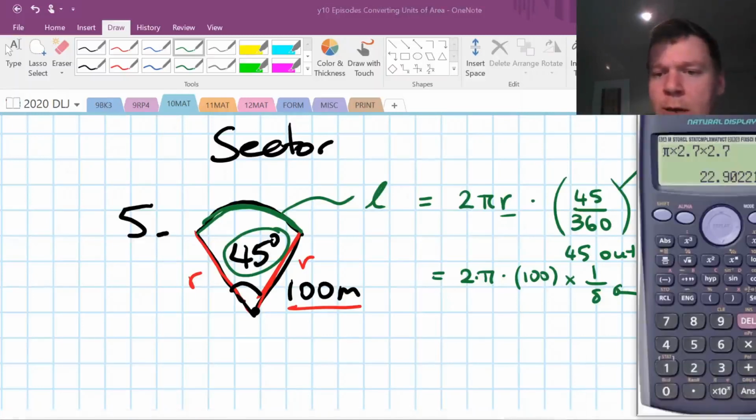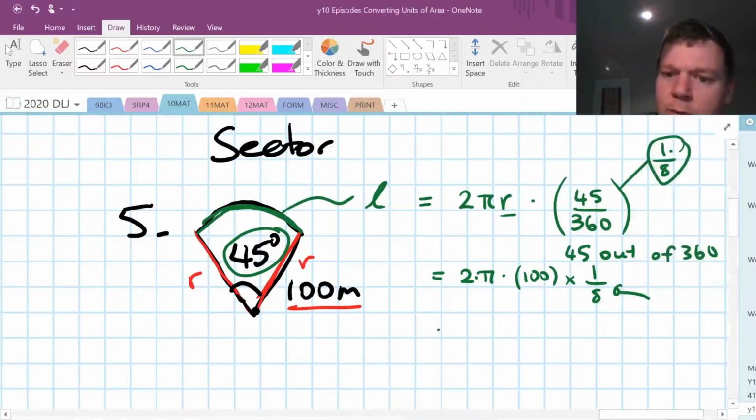So if I put that into the calculator, 2 times shift pi times 100 times 1/8. 25 pi, or 78.5. So the length is 78.5.